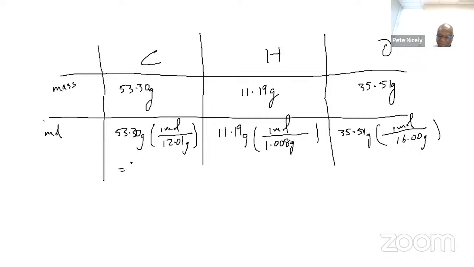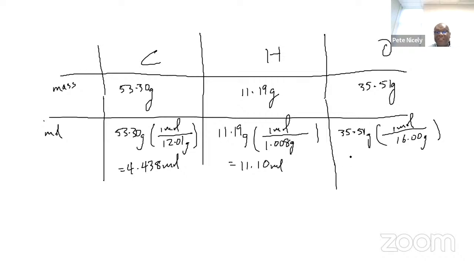So 53.30, we divide that by 12.01. And according to my calculation, this works out to be equal to 4.438 moles. In the case of hydrogen, 11.19 divided by 1.008, this works out to be equal to 11.10 moles.